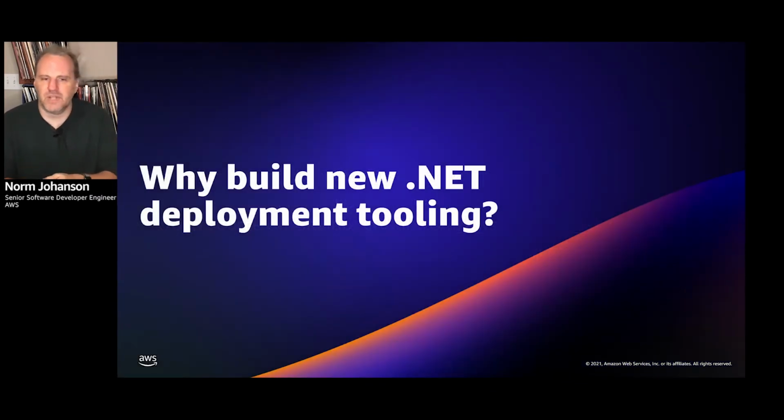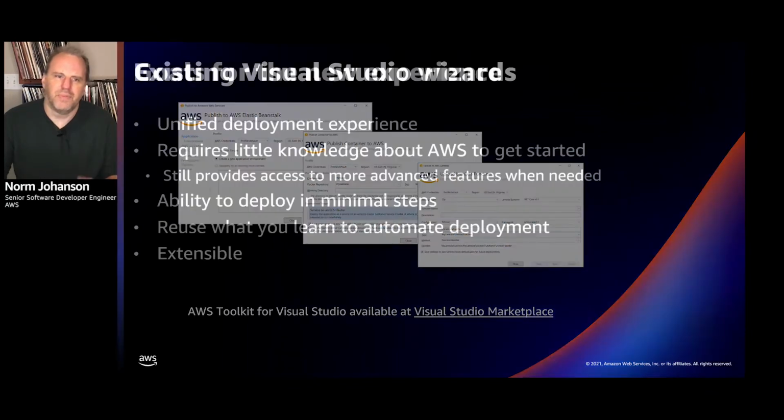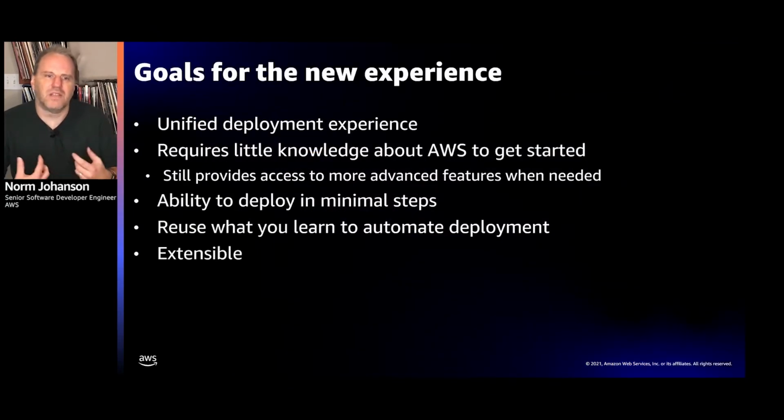So why did we build new deployment tooling? We already have the AWS Toolkit for Visual Studio, and it has several wizards already built into it for several AWS services. But with our new experience, we wanted to make a unified deployment experience. We want you to think more about, here's my code, I just want this deployed to AWS, and not have to think about all of the different AWS services and how they all work.